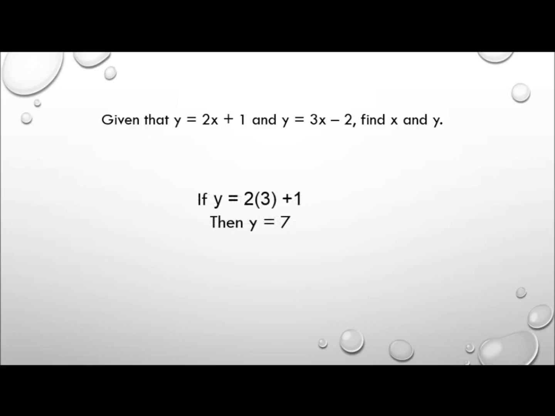And if y is 2 times 3 plus 1, then y is 7. So our solution to the set of simultaneous equations is x equals 3 and y equals 7.